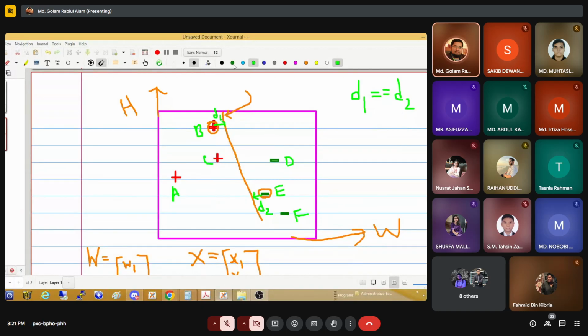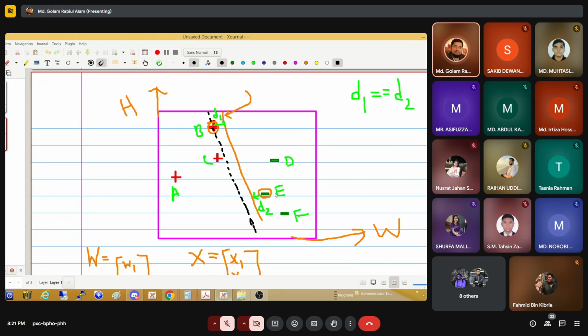Now we can consider a garter that will pass through our b and be parallel to our separator. That means this garter is parallel to our separator, but it passes through our data point b.